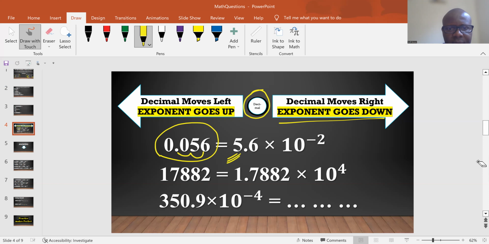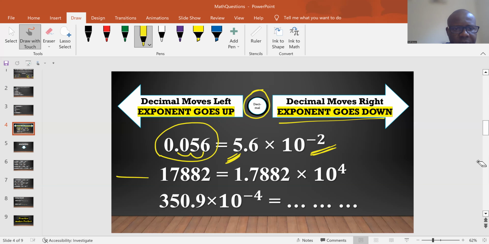And then here we have 5.6 times 10 to the negative 2. Remember, we move right, power or exponent goes down. The reason we have a negative 2: the first time you move right is negative 1, the second time you move right is negative 2.